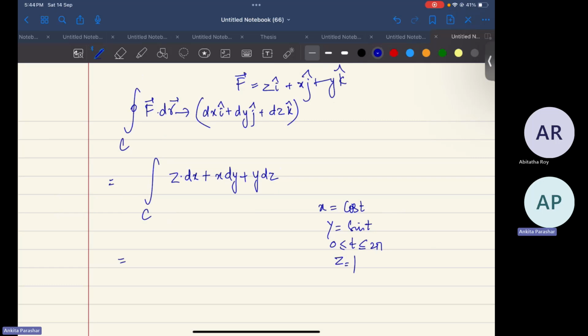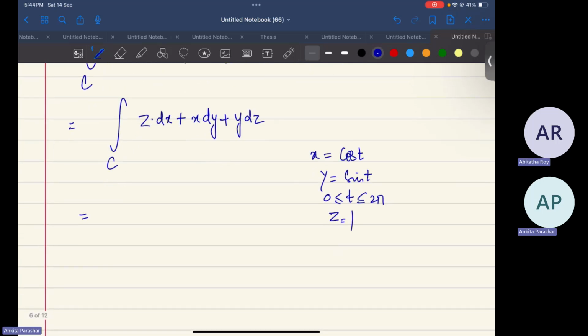Sorry, what did I do? Did I do something wrong? R cos t or sin t, but R is just 1. Yeah, R for me is 1. No, I think we are doing right.